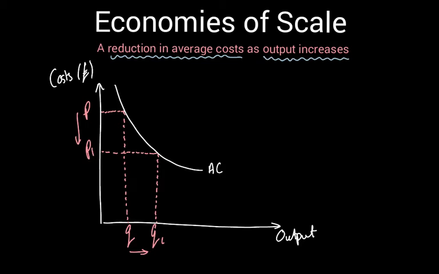So what we can see on this diagram is economies of scale occurring as the business grows and output increases. The average costs start to fall. The next slide is going to look at some of the reasons why this may well occur.